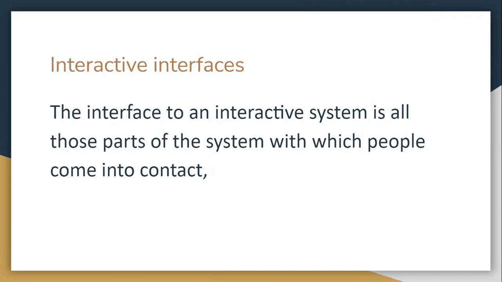Interactive interfaces. If you have watched my first video, I talked about interactive interfaces, but with examples. I did not describe in that video what interactive interfaces mean, so in this video, I will describe them. An interactive interface means all those parts of the interactive system with which people come into contact.